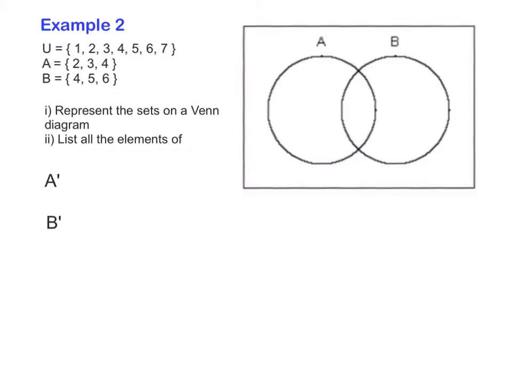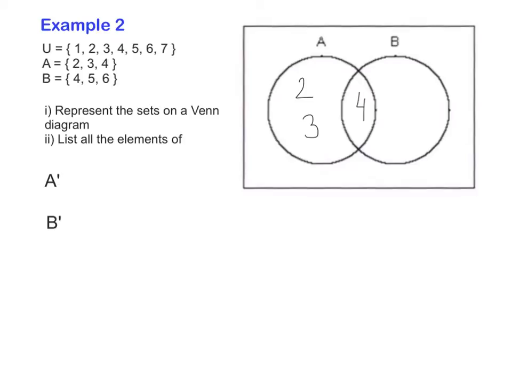So let's start looking at set A and set B. We have 4 common, so we need to put 4 in the middle, in the intersection of set A and B. Then 2, 3 in set A. As you can see, this is set A, not only this part, but the full circle is set A. And the same, the full circle is set B, not only this part.